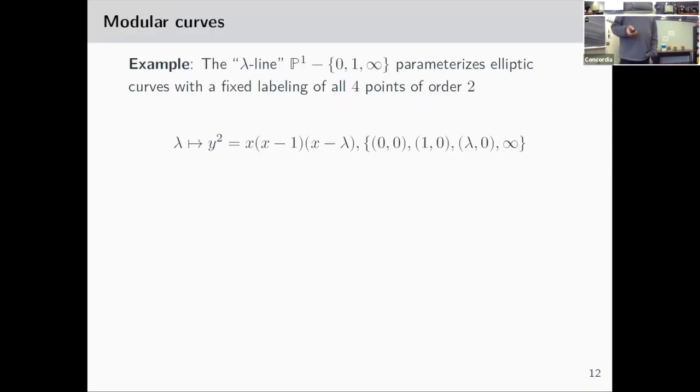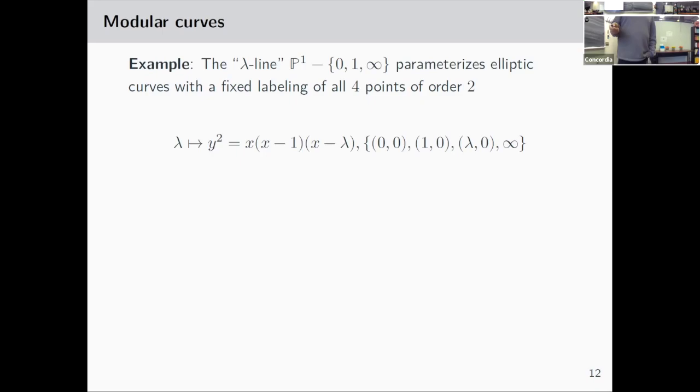And modular curves are, as I said, parameter spaces for elliptic curves with additional structure. The simplest case maybe is this lambda line. You take P1 and you throw away 0, 1, and infinity. And you can parameterize elliptic curves with a fixed labeling of all 3 points of order 2.